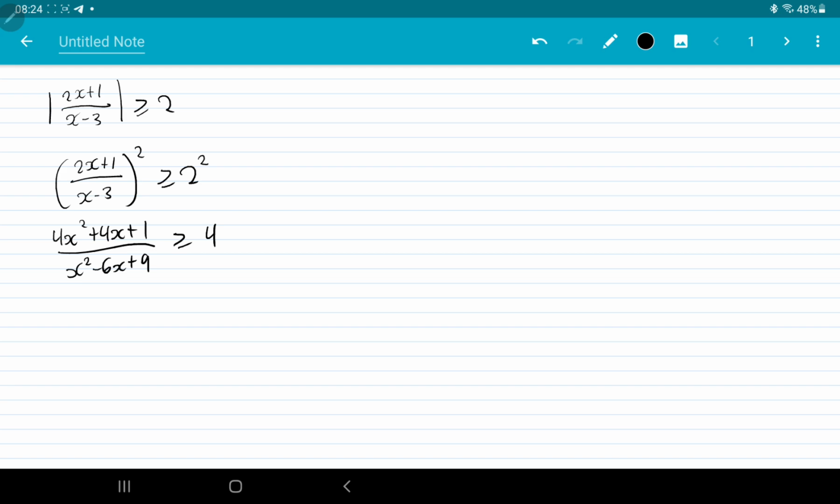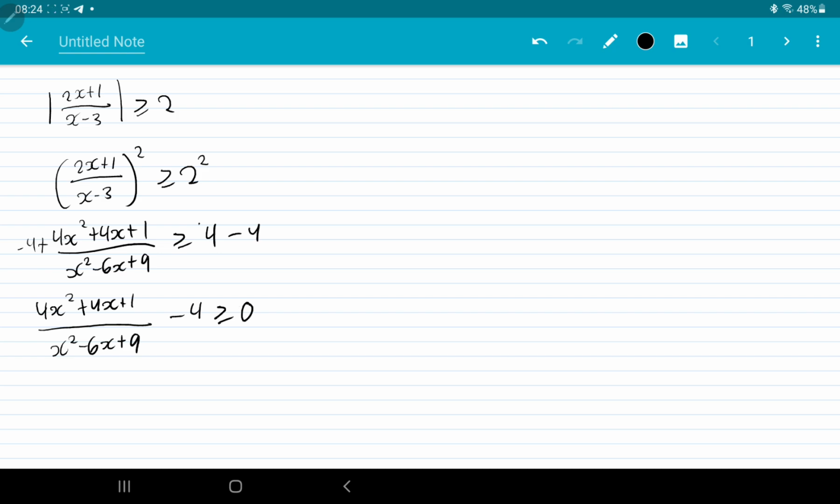Usually whenever we face this kind of problem, I like to take away 4 from both sides. Then I get 4x squared plus 4x plus 1 divided by x squared minus 6x plus 9, minus 4, is bigger than 0.